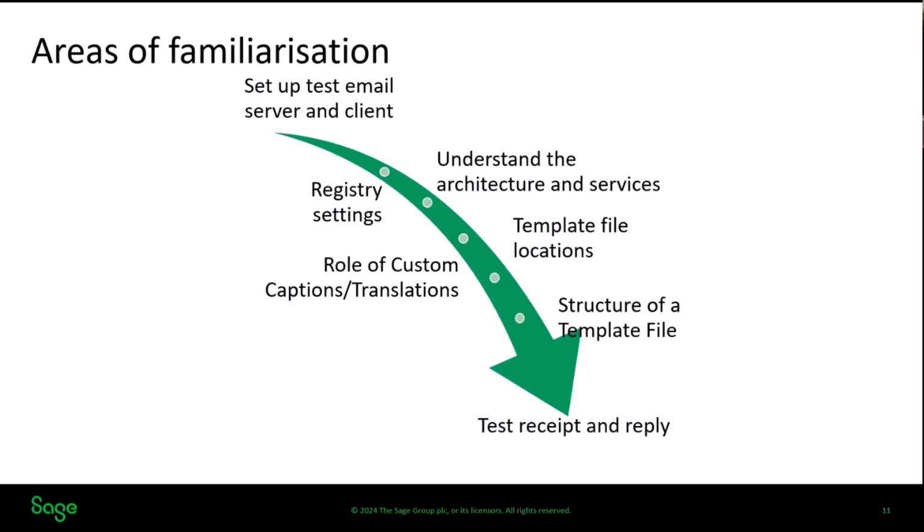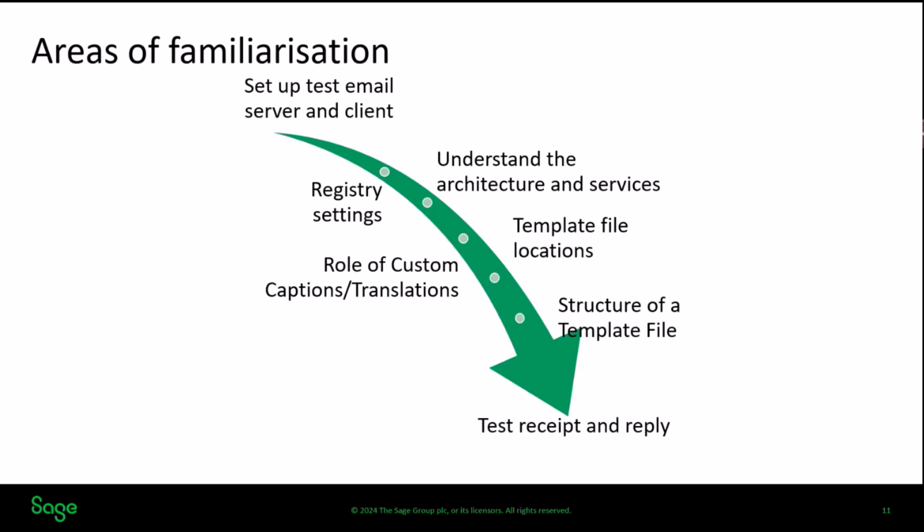And then how do we go on to understand the architecture of Sage CRM and the registry settings that are needed inside CRM? How do we check that there's no conflict associated with registry settings?